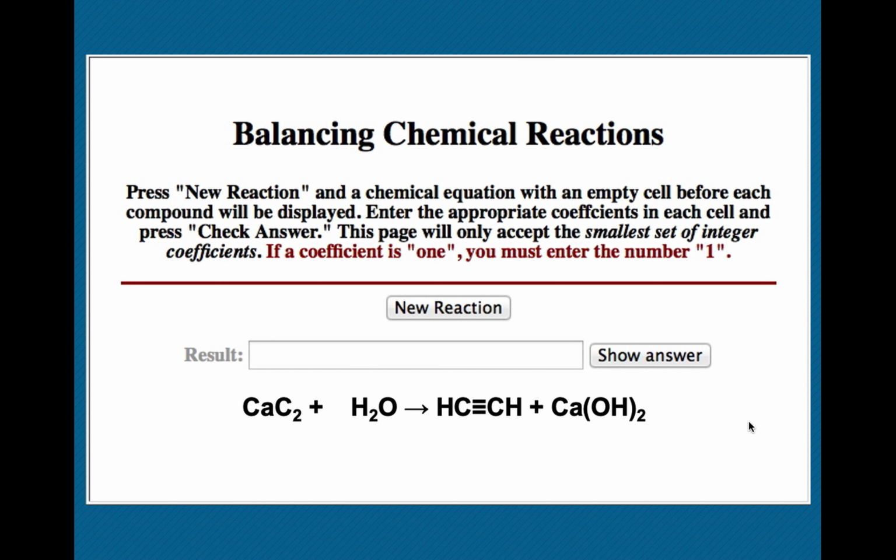So, all right, calcium carbide reacts with water. Really neat reaction. It gives acetylene gas and calcium hydroxide. Now, this is a very useful reaction. Acetylene gas is what they use in welding torches and stuff like that.